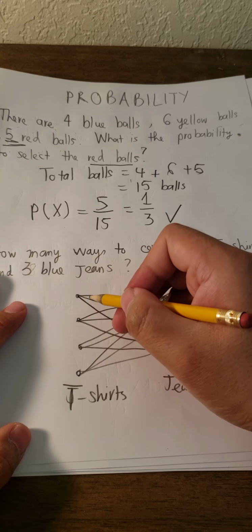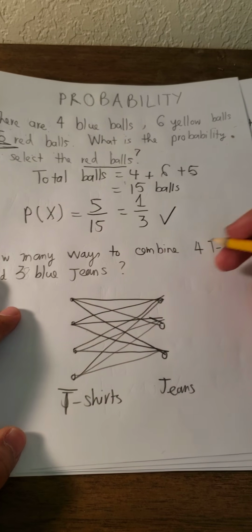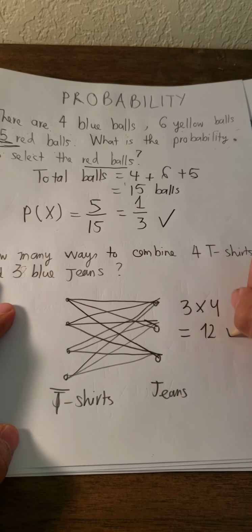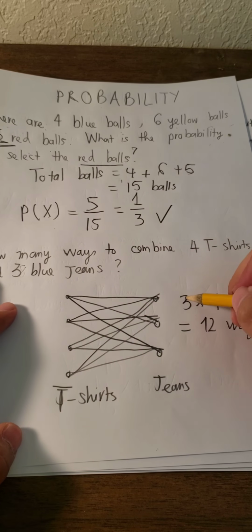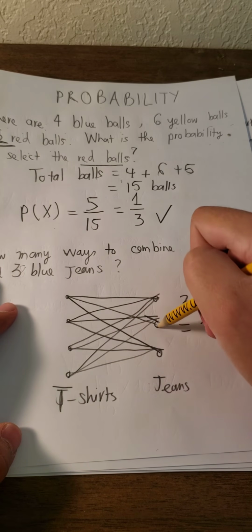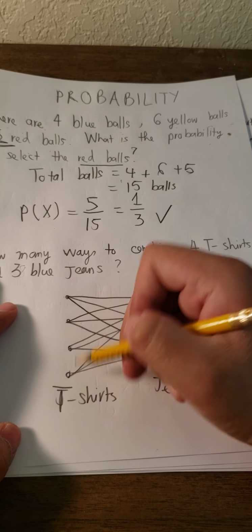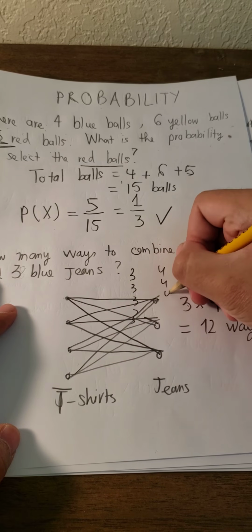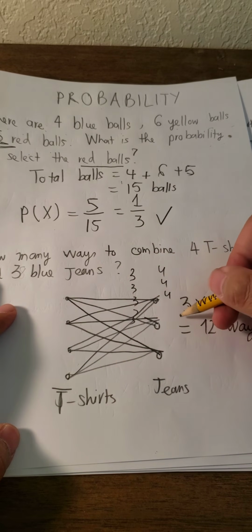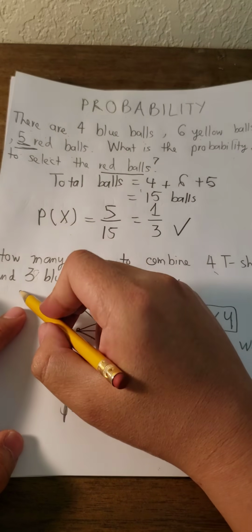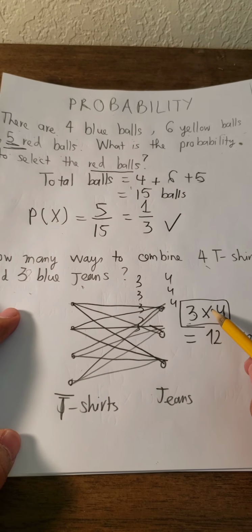So when we sum them together, it is 3 multiplied by 4, that's 12 ways. That's why we use multiplication to calculate how many ways to combine 4 t-shirts and 3 blue jeans.